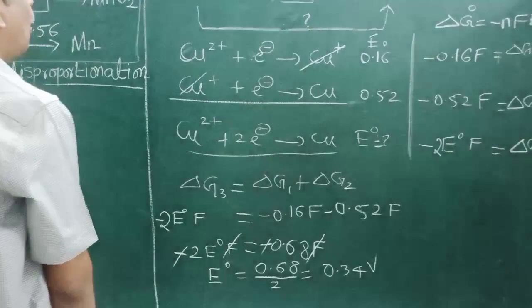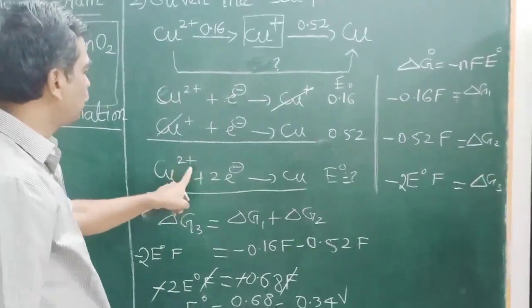This is the reduction potential of copper 2 to copper.